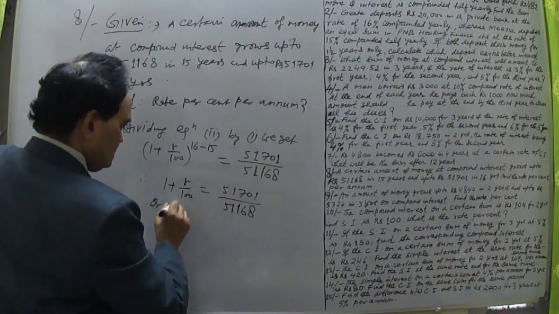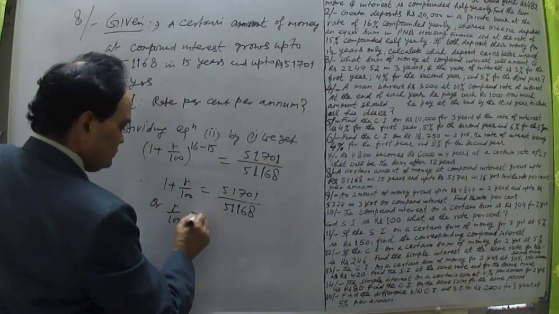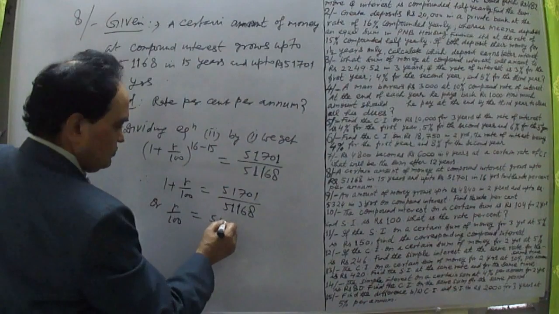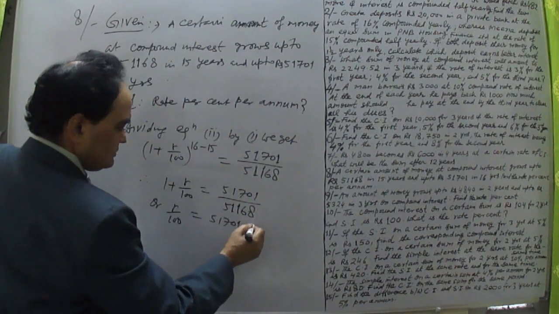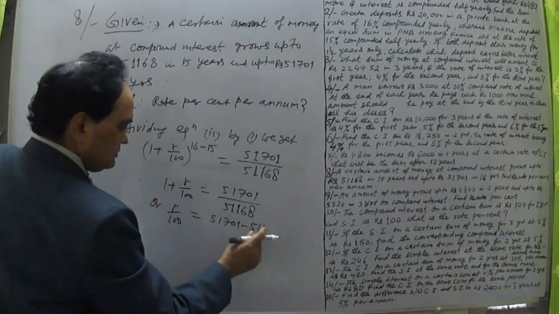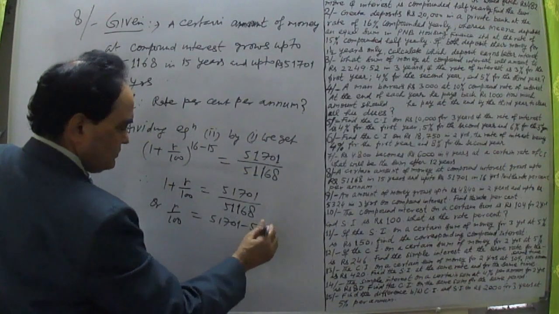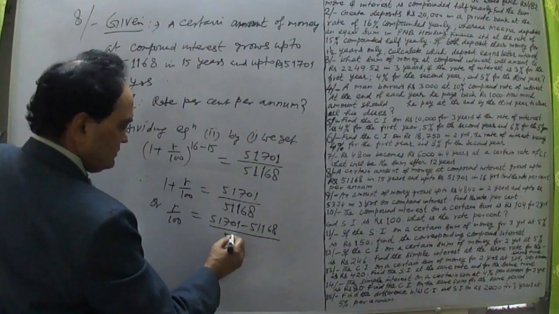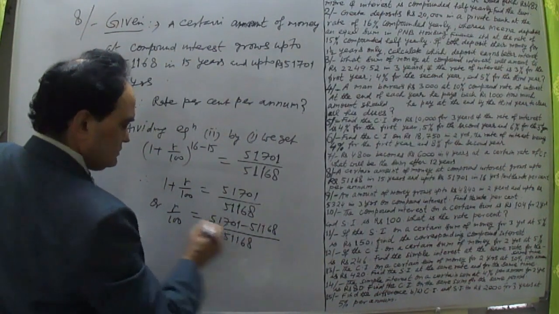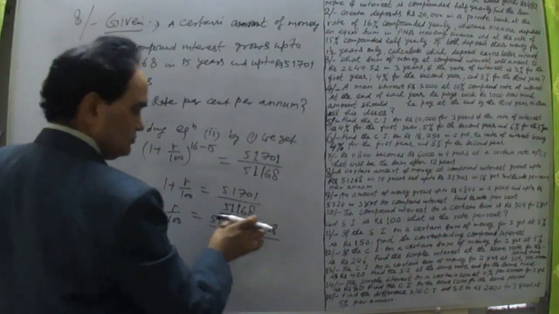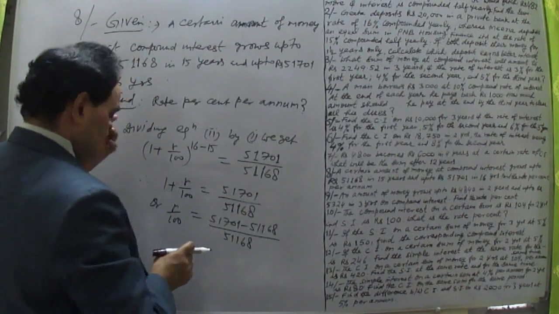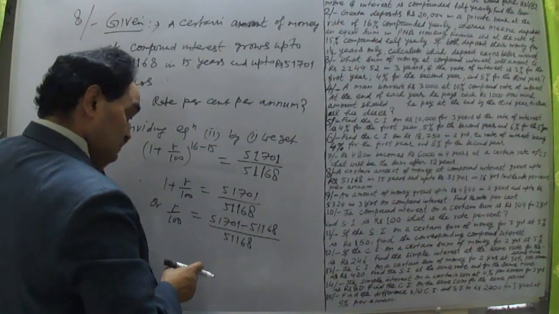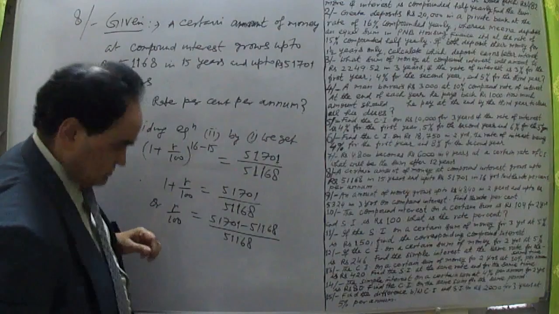Or R upon 100 is equal to (51,701 minus 51,168) divided by 51,168. Okay, this difference divided by this, and then multiplying by 100 will give us the value of R.